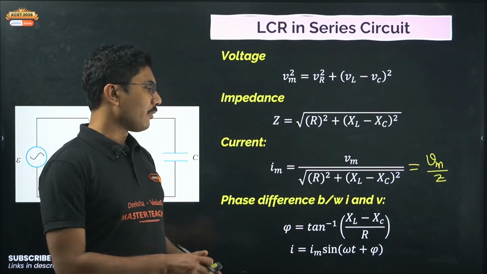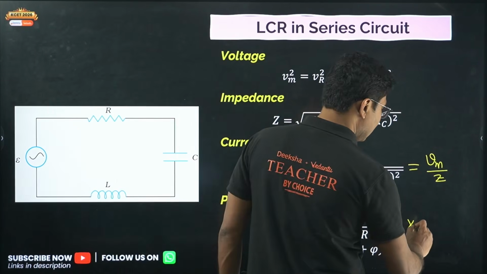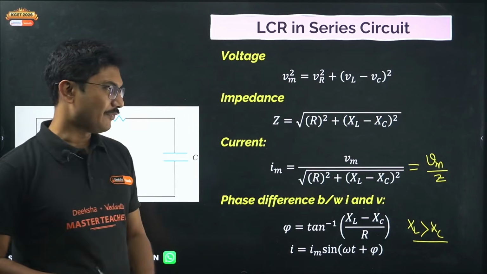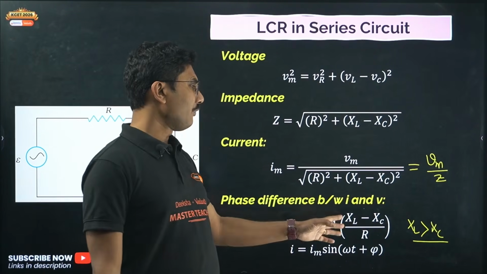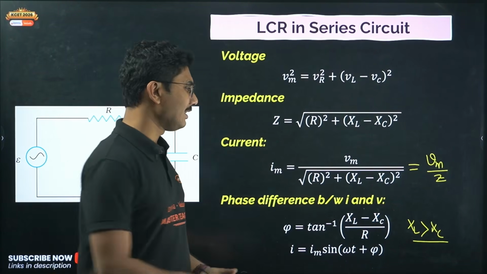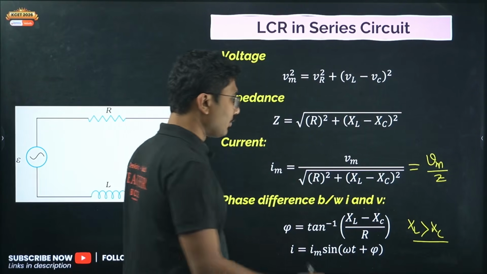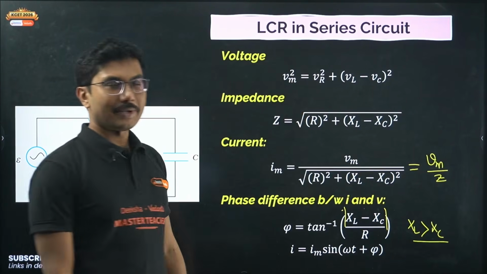Now XL minus XC you use when XL is greater than XC, which means current is lagging. If XL is greater than XC, we say current is lagging. If XC is greater than XL, then you need to switch the places, or you can use the formula with the modulus of XL minus XC.